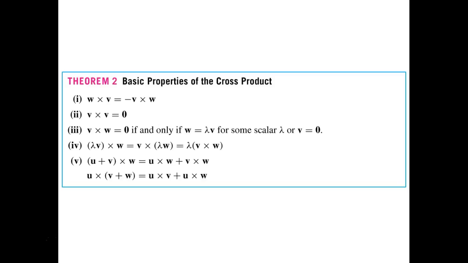Any vector parallel to a given vector, the cross product is going to be 0. And remember, this is not the number 0. This is the 0 vector. Okay? If this is a three-dimensional vector, that's a 3. This is a 0, 0, 0, a three-dimensional vector there too. And then an extension of that, if V cross W is 0, that's true if and only if W is some multiple of V. Okay?